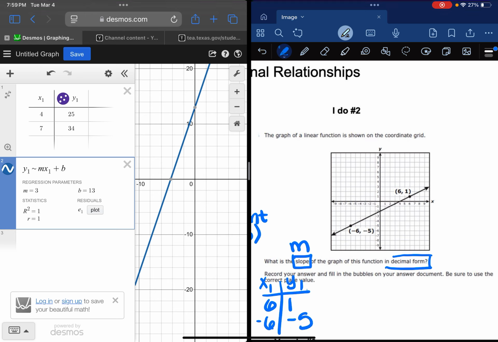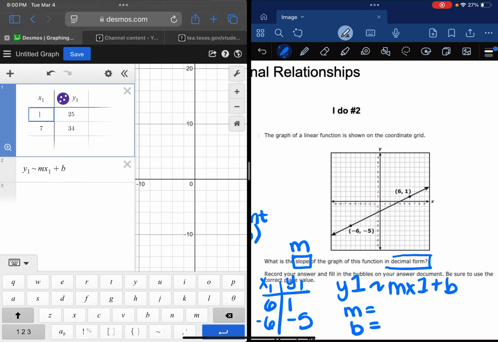Okay, and then again, I'm going to write my slope-intercept formula for Desmos. y1 tilde mx1 plus b. I'm going to get my slope and my y-intercept. So once you're in Desmos and you have this already done, you don't need to close all of them and start anew. You just have to change out our coordinates.